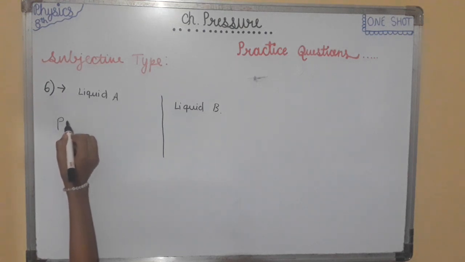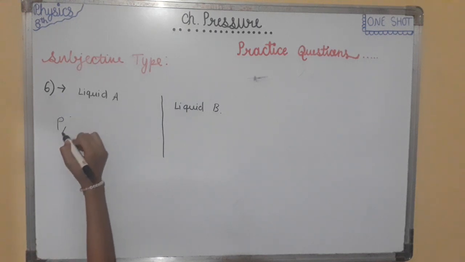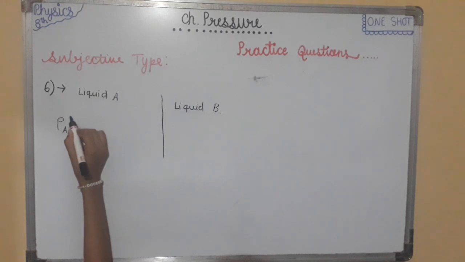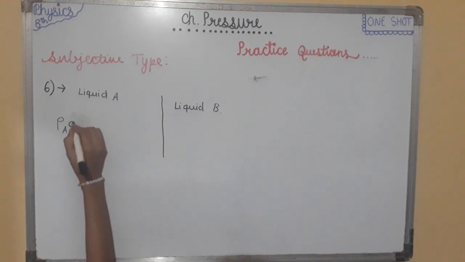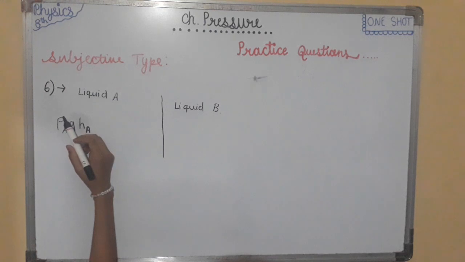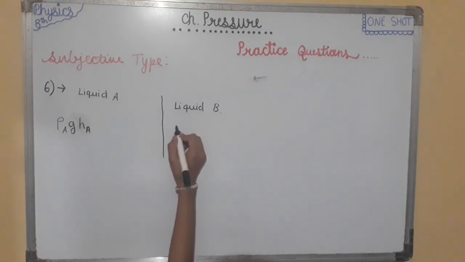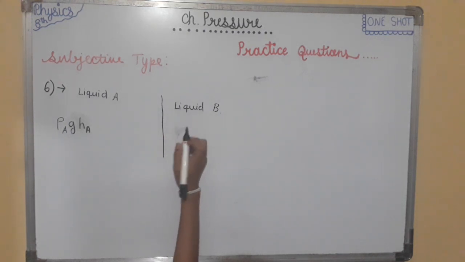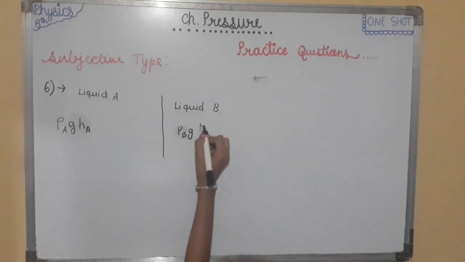P is equal to rho g h. So the pressure of liquid A is rho A g h A, and the pressure of liquid B is rho B g h B, with g and the height of liquid B.